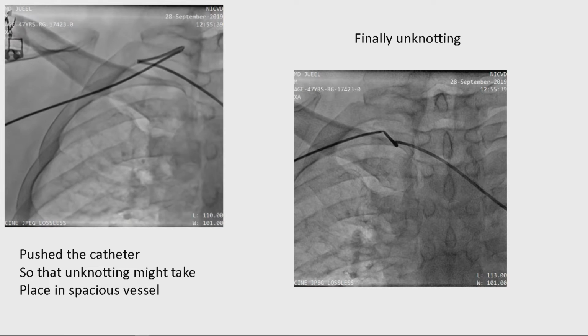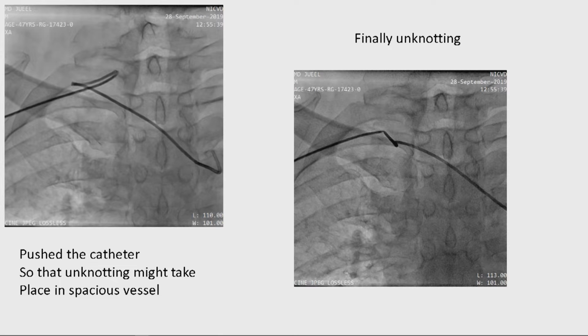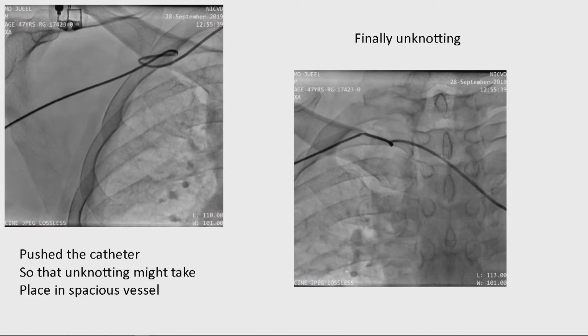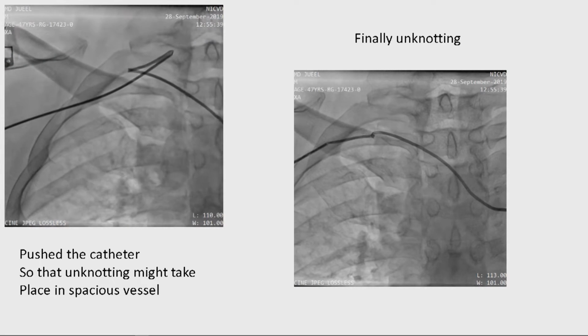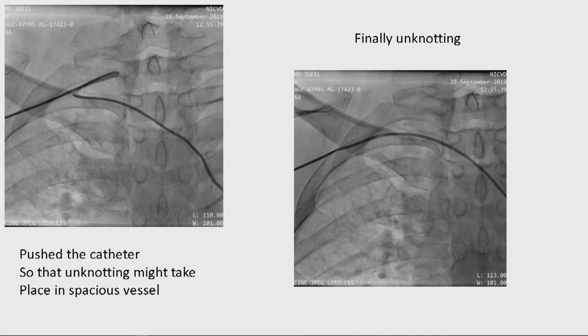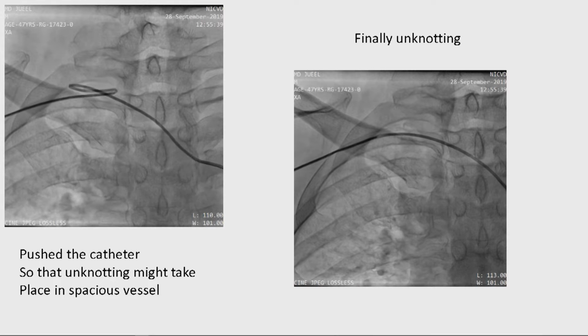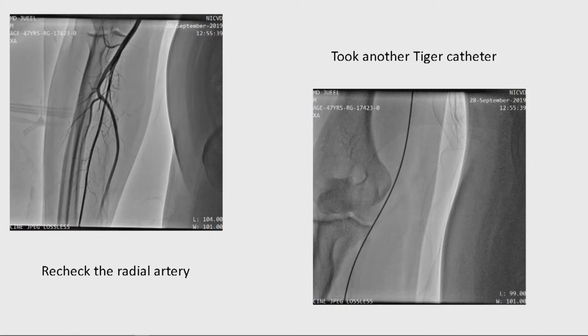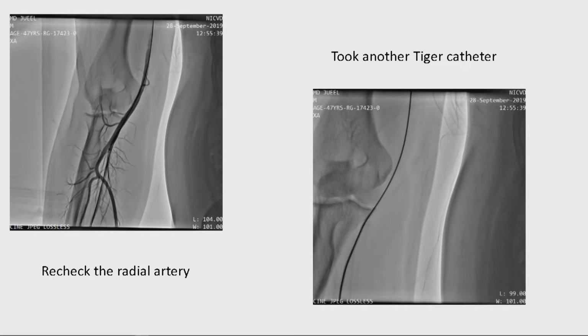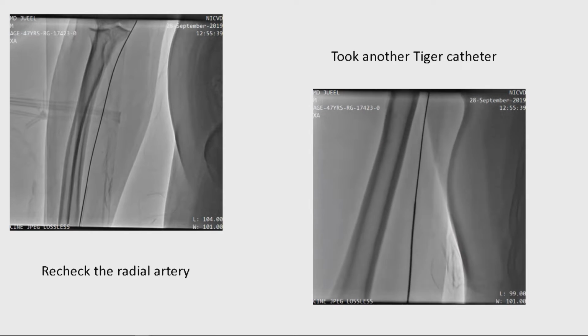Then we tried to push the knotted part of the catheter to a spacious area and push it upwards, and that worked. In the spacious area, the knot became unknotted. After this, we checked the radial artery for any dissection or other complication; it was okay.